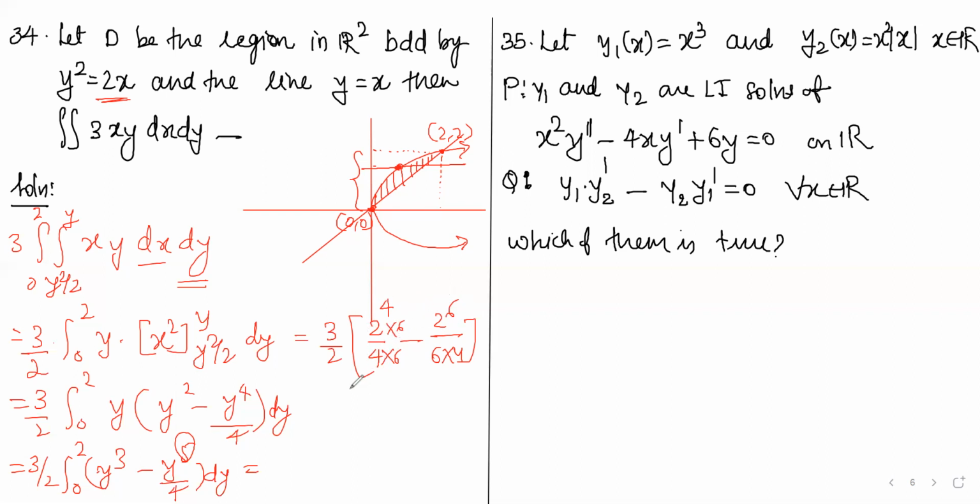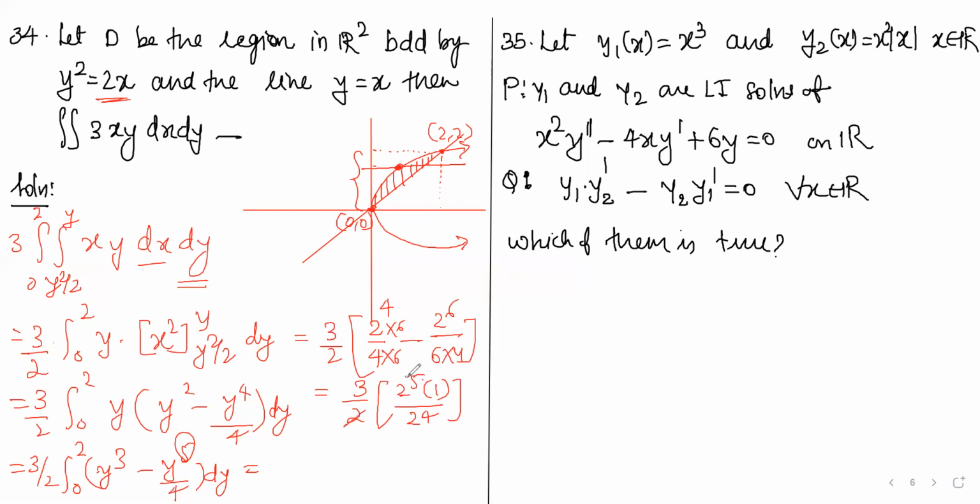Instead, I can take 2 power 5 common, which gives me 3 by 2, then 2 power 5 common, so 3 minus 2 gives me 1 upon 24.